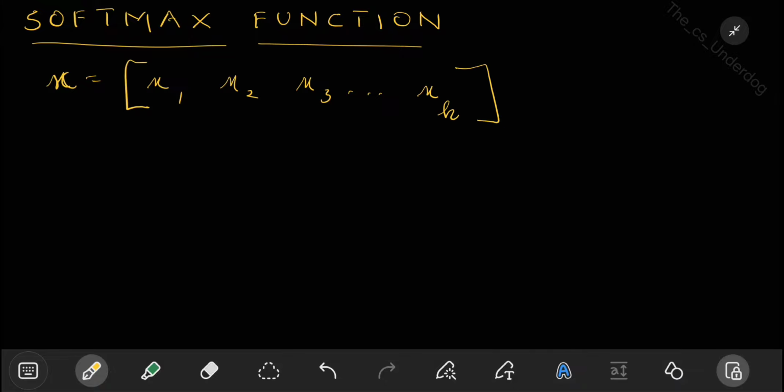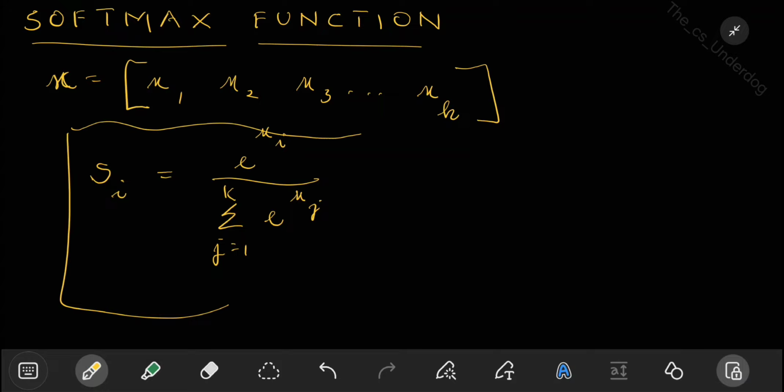Instead, this is a single k-dimensional input. So this is one input vector that you got, which is of k dimensions. How will you find the softmax? You have to find it for each dimension. So for the ith dimension, it will be e power xi divided by the summation over all the dimensions j equal to 1 to k of e power xj. Okay, this is your softmax function.